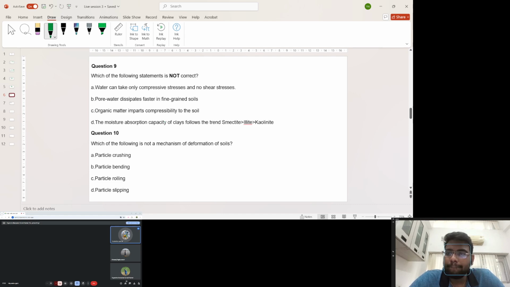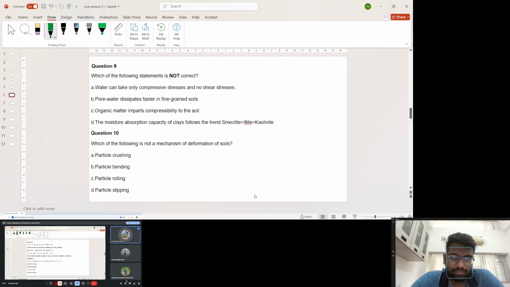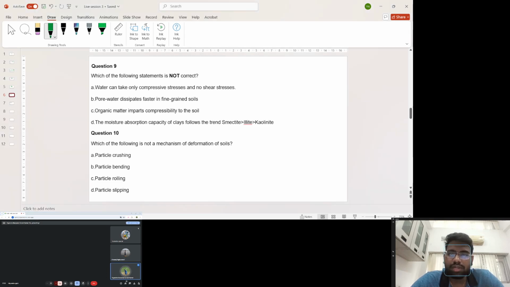Sir, water cannot take shear stress, by Newton's law of viscosity, shear stress should be zero for water. Good. So water cannot take shear. That is why you are not able to stand on water, right? So this option is ruled out.